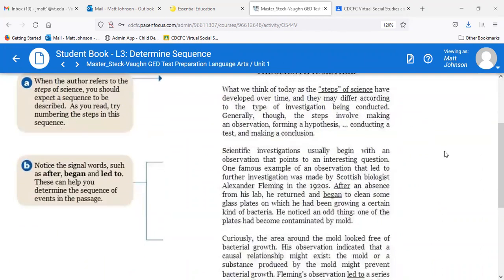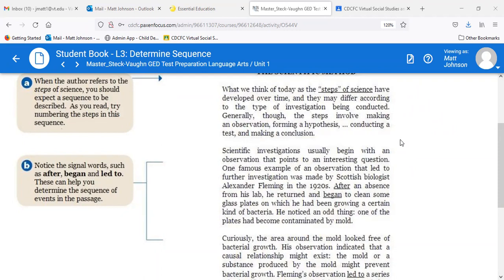And then we say what we think of today as the steps of science have developed over time, and they may differ according to the type of investigation being conducted. Generally, though, the steps involve making an observation, forming a hypothesis, conducting a test, and making a conclusion.